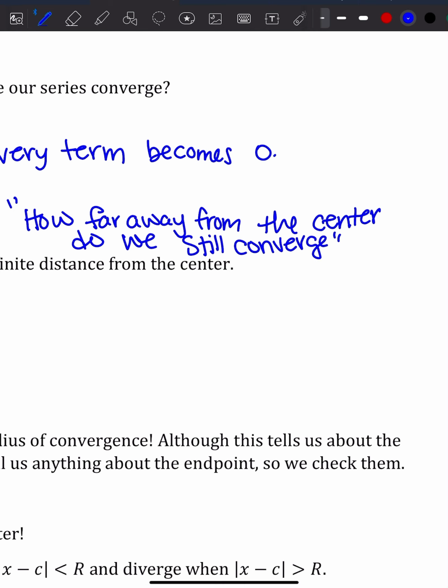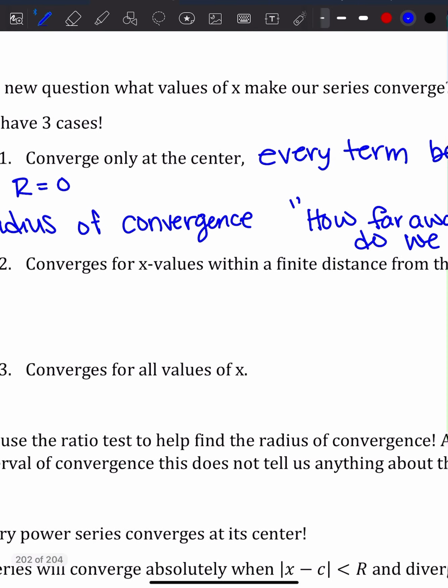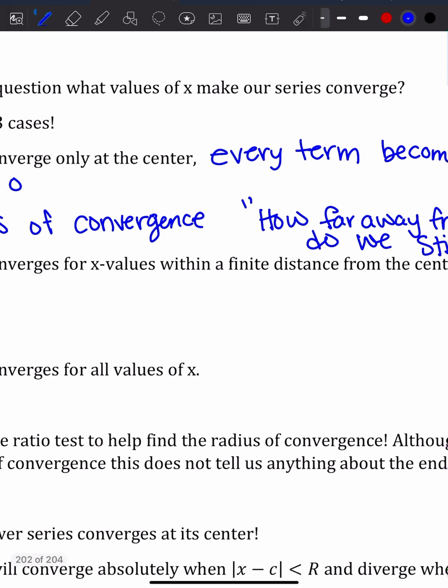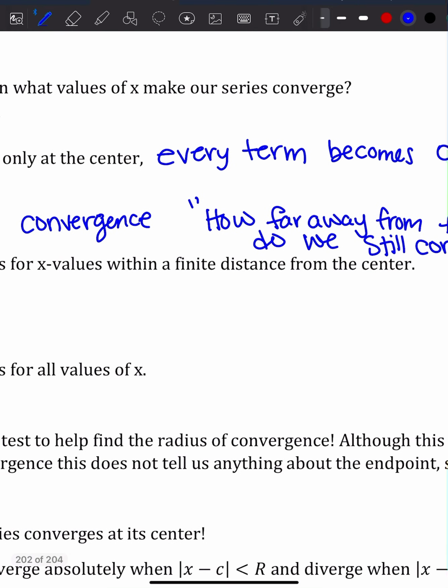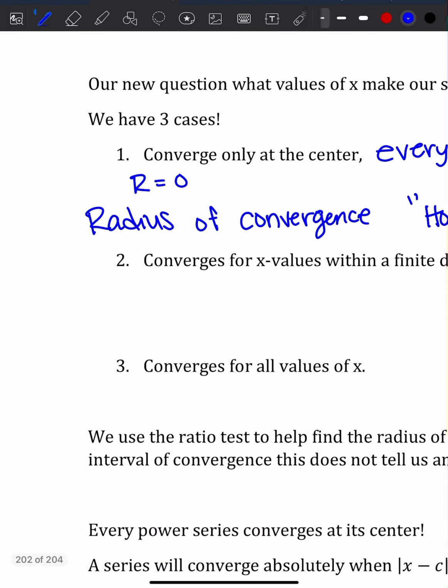Okay, so our next one is converges for x values within a finite distance from the center. This one is going to be our most common, because it takes a little bit more than when it's a radius of 0 or the last one.